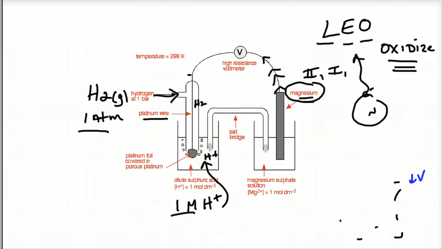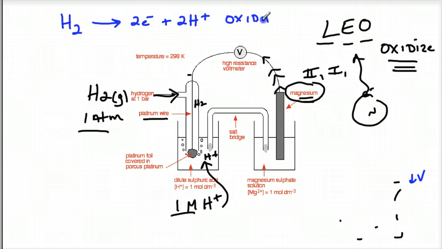Now there are two possible things that could happen. I can take hydrogen, and it could lose two electrons and become H plus. We would call this oxidation. That is one thing that can be done.